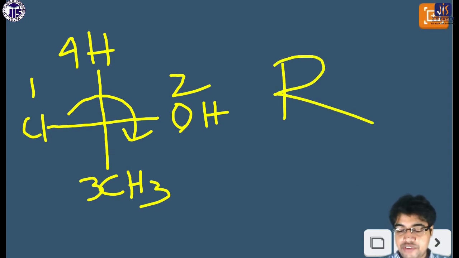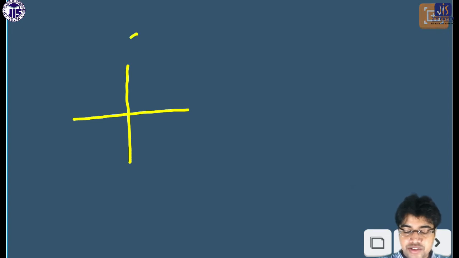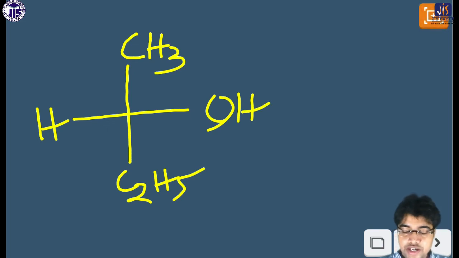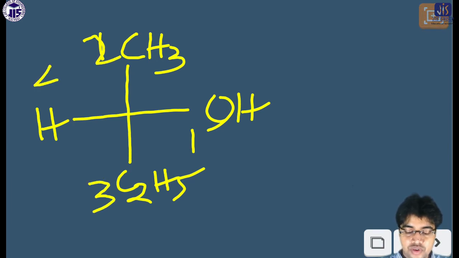I will give you another example. Look at this other example, where I draw the structure of a compound with CH3, C2H5, H, OH. Now this is 1, then 2, then 3, then 4.